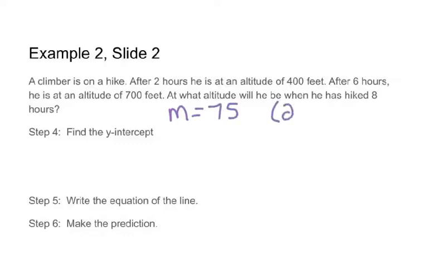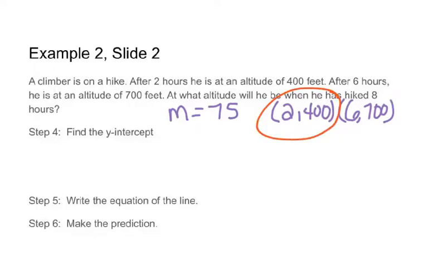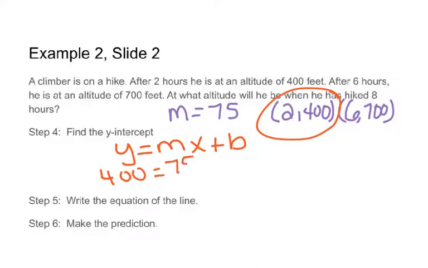The ordered pairs were (2, 400) and (6, 700). And I'm going to choose to use this one to find my y-intercept, which will be what altitude he started at. So the y is 400, the m is 75, and the x is 2. 75 times 2 is 150.